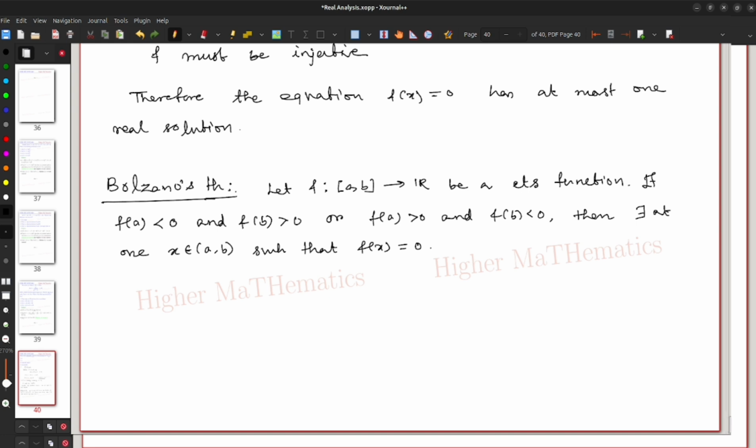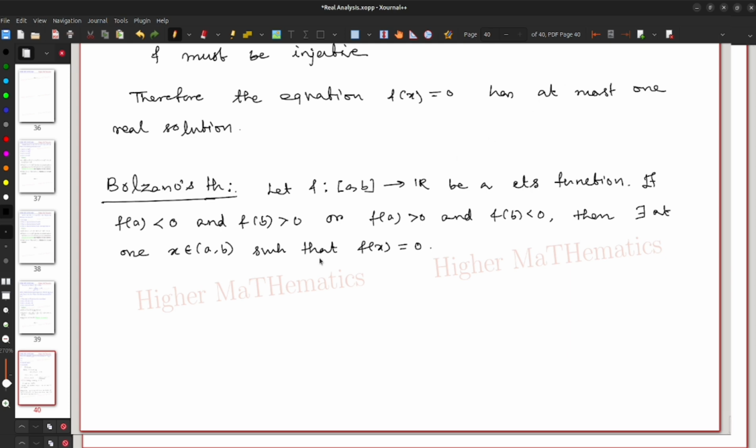So Bolzano's theorem basically says that if f of a is negative and f of b is positive, or f of a is positive and f of b is negative, then there exists at least one root of the equation f of x equal to 0 in the open interval a b.